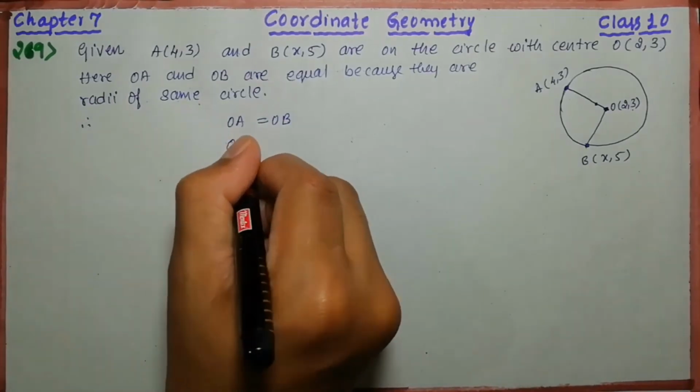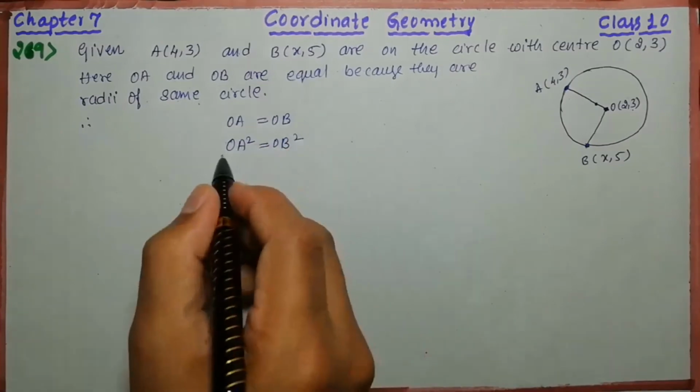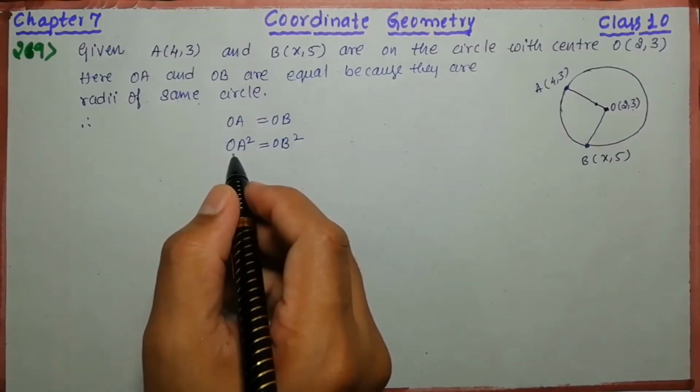Now you need to square this. OA square is equal to OB square. OA square means apply the distance formula without the square root.